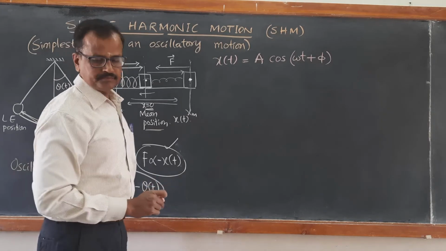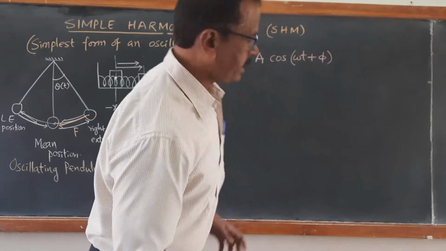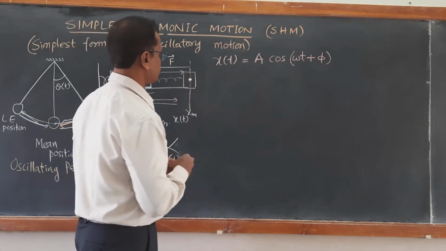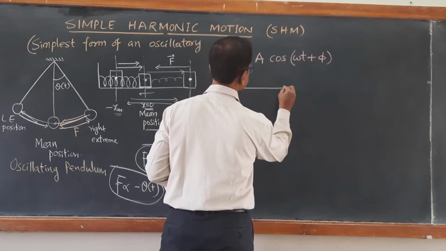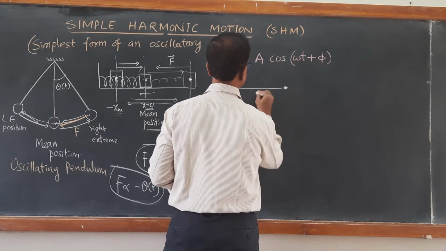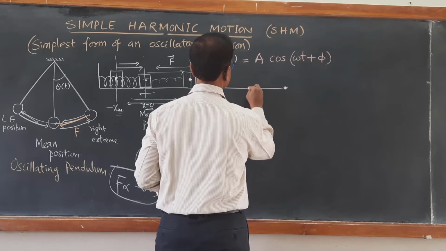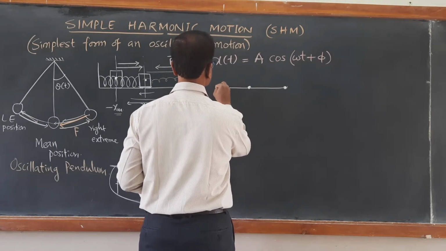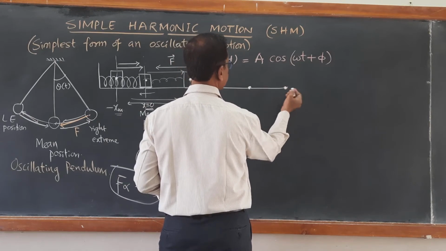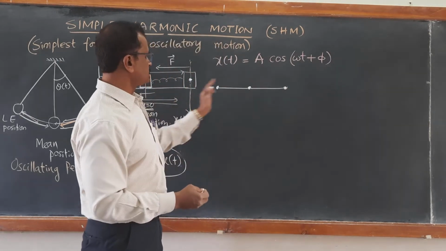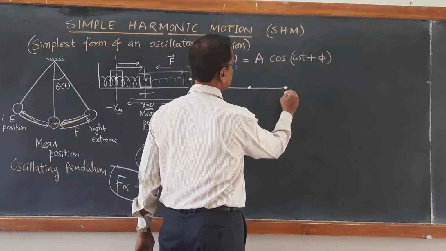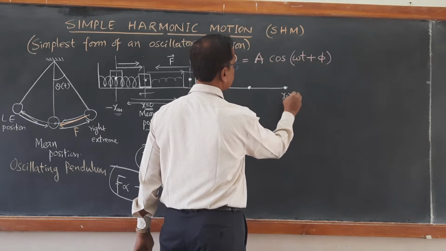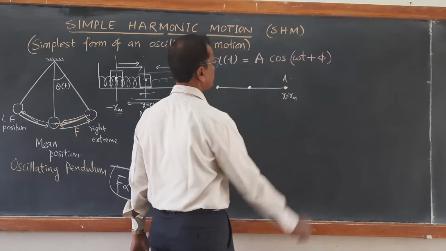Now, I am drawing the line of this one. In general, we take the maximum displacement as A. So, we are releasing from maximum displacement A, which we were denoting as xm.